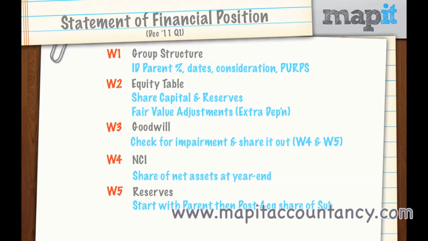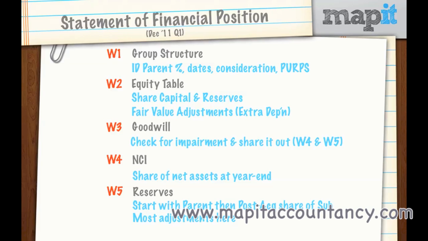Also, we'll need to look for any other adjustments. So other adjustments will go in here. Before we close off our working 5, we'll look for any other areas we'd need to deal with. For example, if there was an associate, we'll need a working to work out what our group share of the associate profit would be. That will then come into working 5 also.